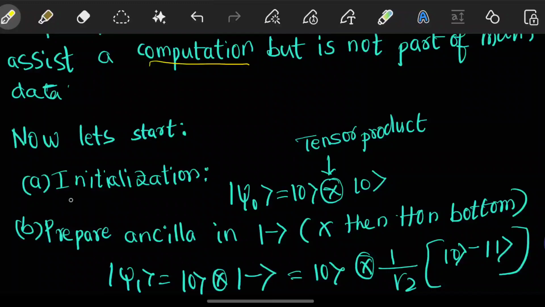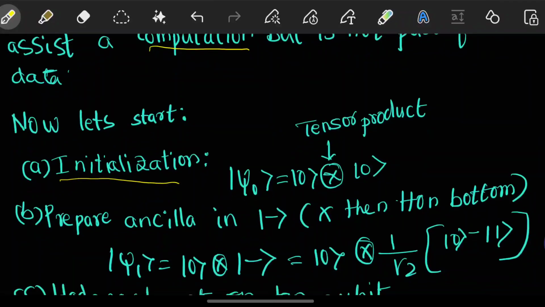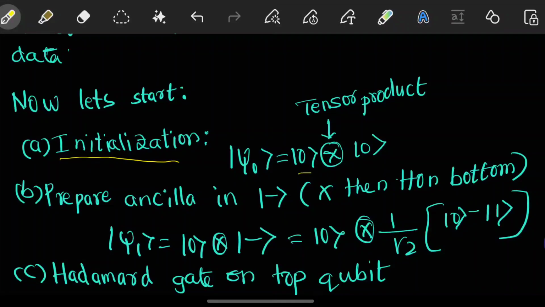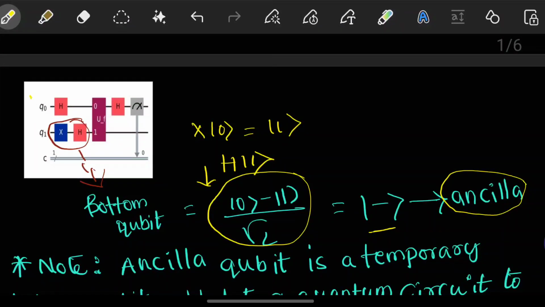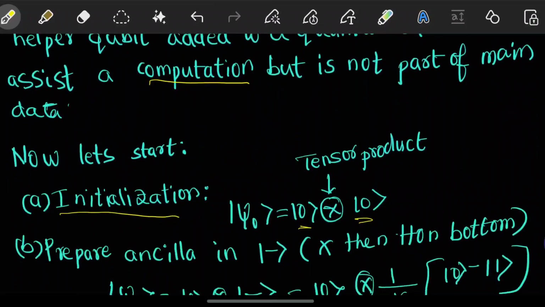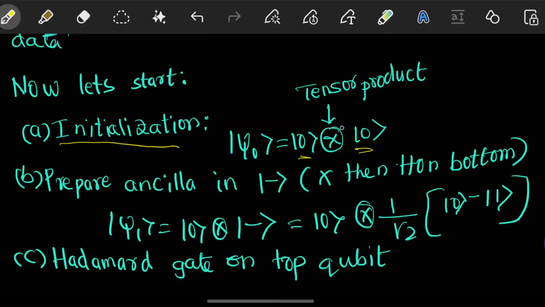Now let's start the initialization. Initially the top qubit and bottom qubit are ket 0, ket 0. Please remember, this is the top qubit and this is the bottom qubit. Initially they both start with 0, 0. I am writing the whole equation: ket 0 tensor product with ket 0.